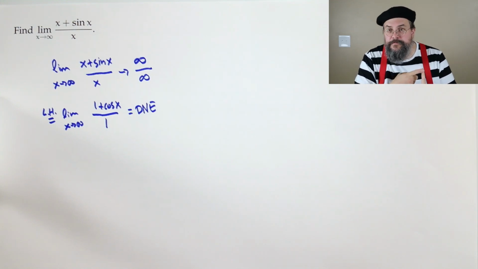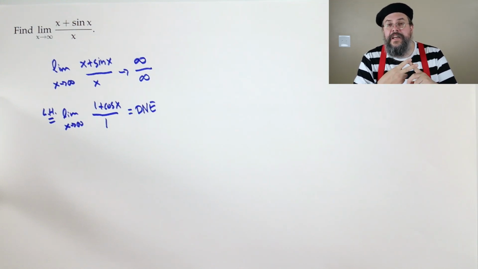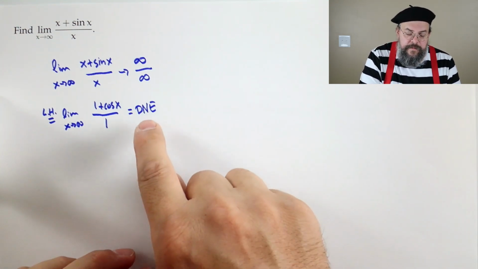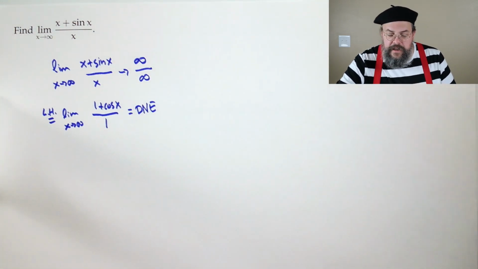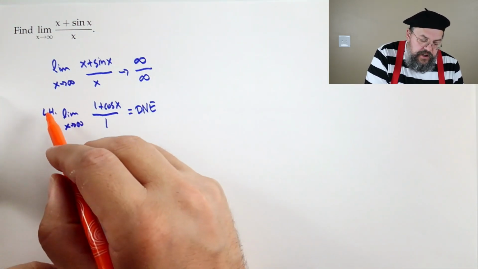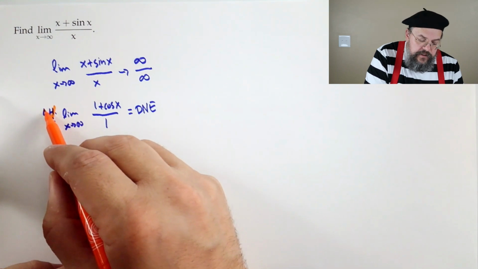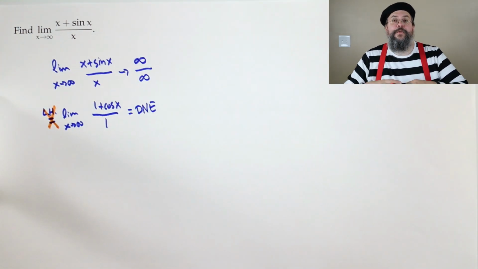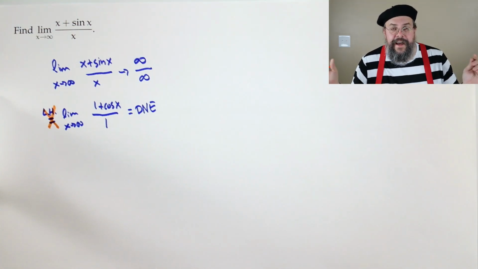It has to be differentiable, it has to go to something indeterminate, and the resulting limit that you come up with has to exist. Since this limit didn't exist, applying L'Hopital actually fails. So you can't apply L'Hopital. We've got to throw L'Hopital out.